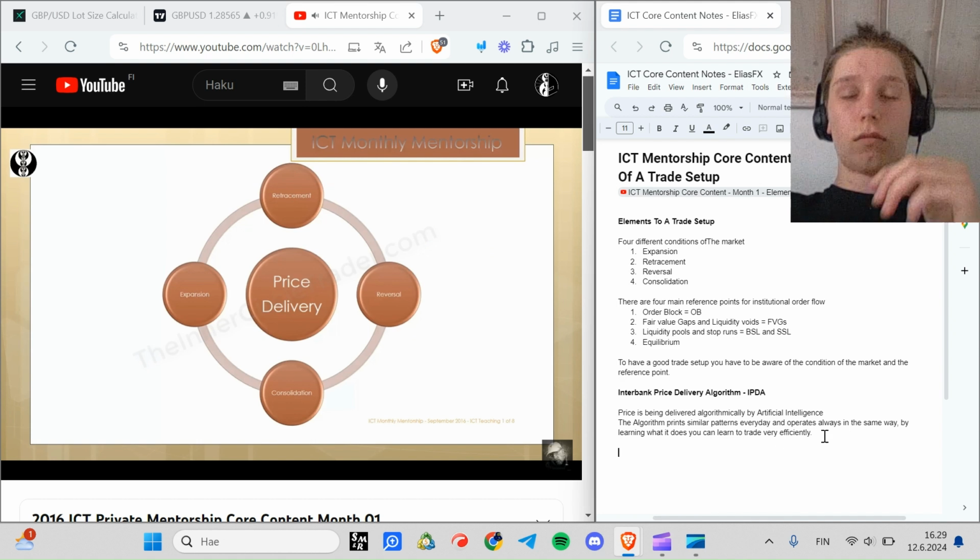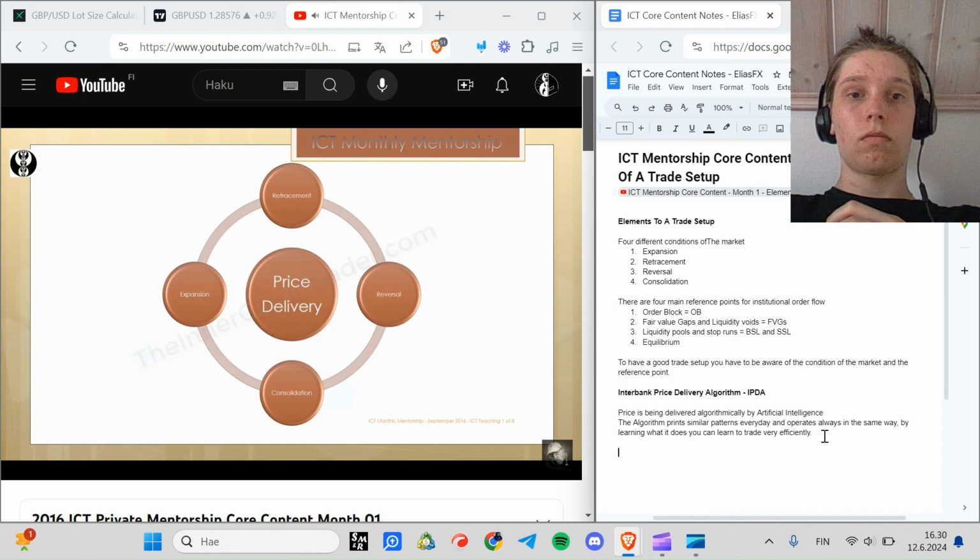When the retracement happens, it goes back down into another level of expansion. Or after the expansion, it can go to a reversal pattern. After the reversal pattern, it'll see another retracement, then back to potentially a consolidation. These four conditions interchange throughout the ups and downs and ebbs and flow of the marketplace.